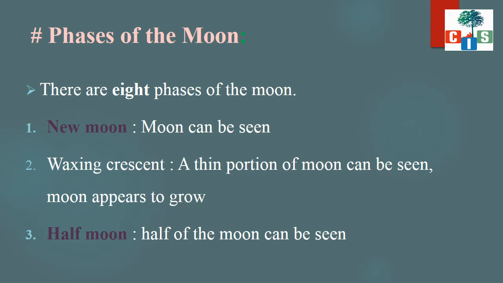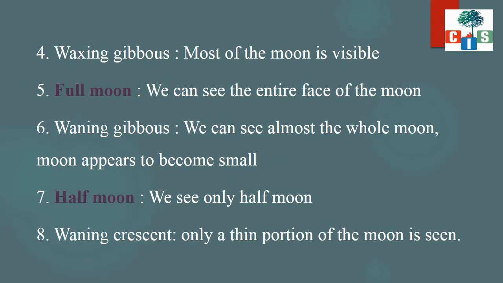Half of the portion of the moon that we can see from the Earth has light. The fourth phase is the waxing gibbous. Now, what is the waxing gibbous? This is the phase of the moon in which most of the moon is visible.